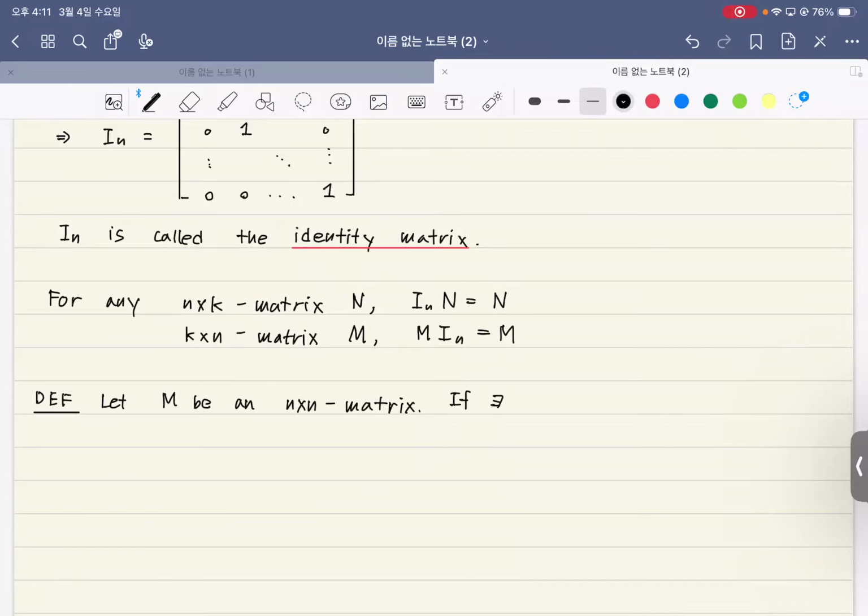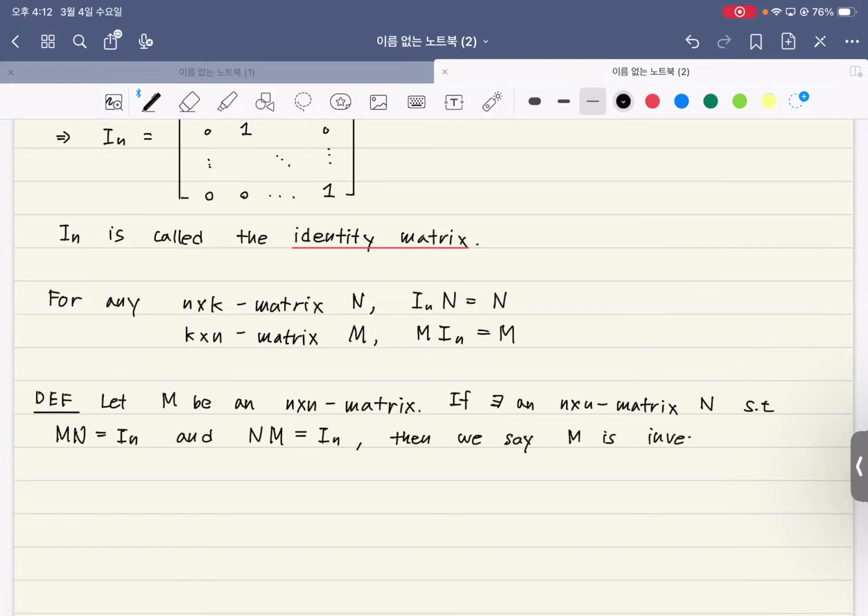And if there is another n by n matrix N such that MN equals I_n and NM equals I_n, then we say M is invertible, and we usually call N M to the minus 1, or M inverse.